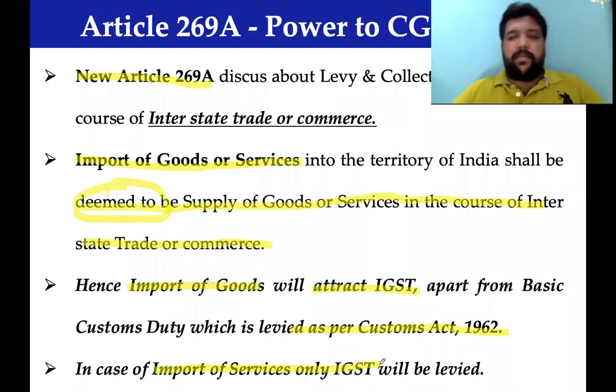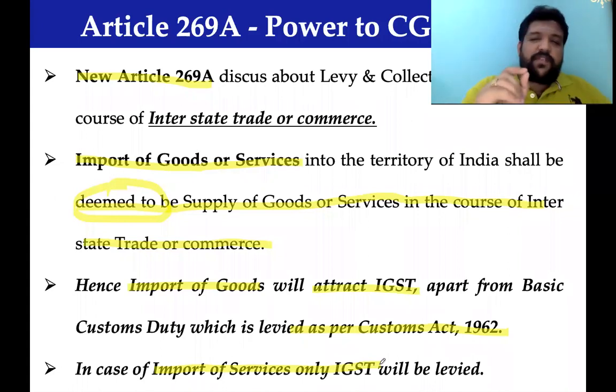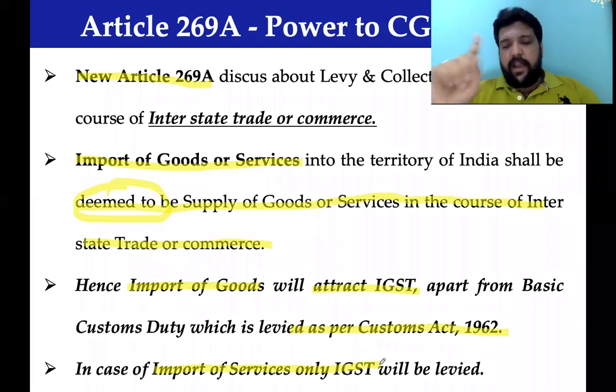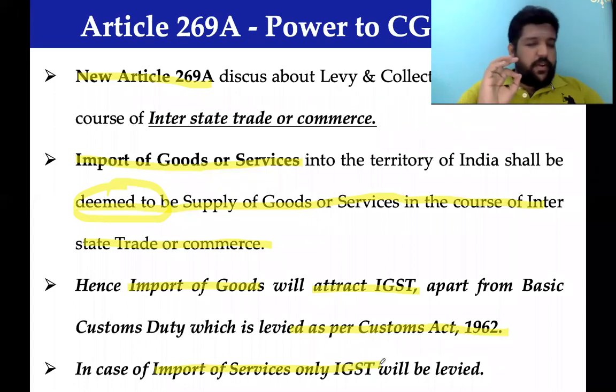Two different treatments: import of goods under Customs Act, import of services under your GST law. But make a point here: whenever a transaction happens between countries, be it import of goods or import of services, it is treated as interstate supply of goods or services.